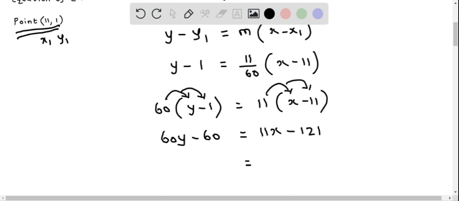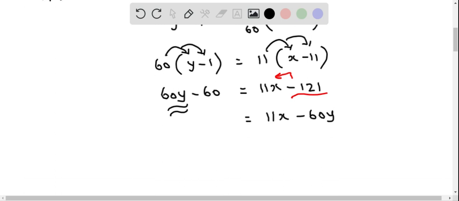So let me subtract this 60y, or I just transpose it to the right side. So therefore this becomes 11x minus 60y, and I also transpose this negative 121 to the left side, and when I do that, it becomes positive 121.